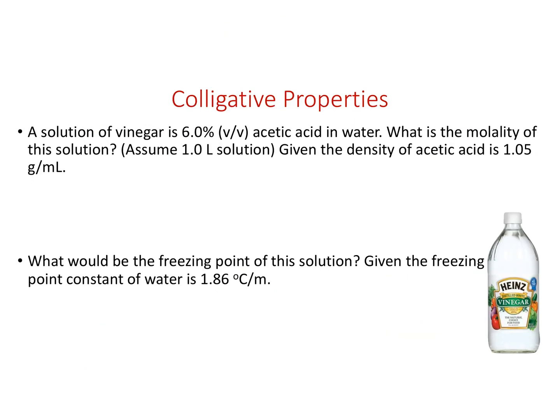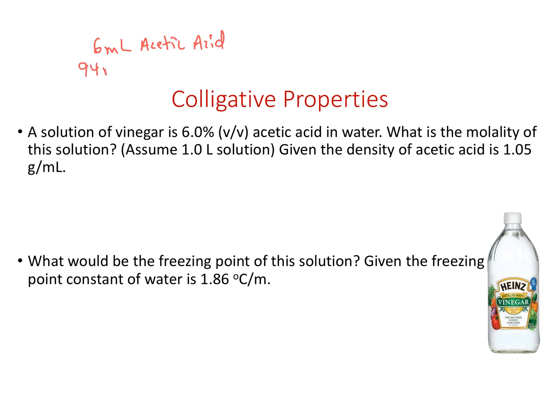For this question, we have a solution of vinegar that's 6% volume by volume, acetic acid and water. What is the molality of this solution? And to make our lives easy, let's assume the solution is a 1 liter solution and that the density of acetic acid is approximately 1.05 grams per milliliter. So a 6% volume by volume solution means that we have 6 milliliters of acetic acid for every 100 milliliters.